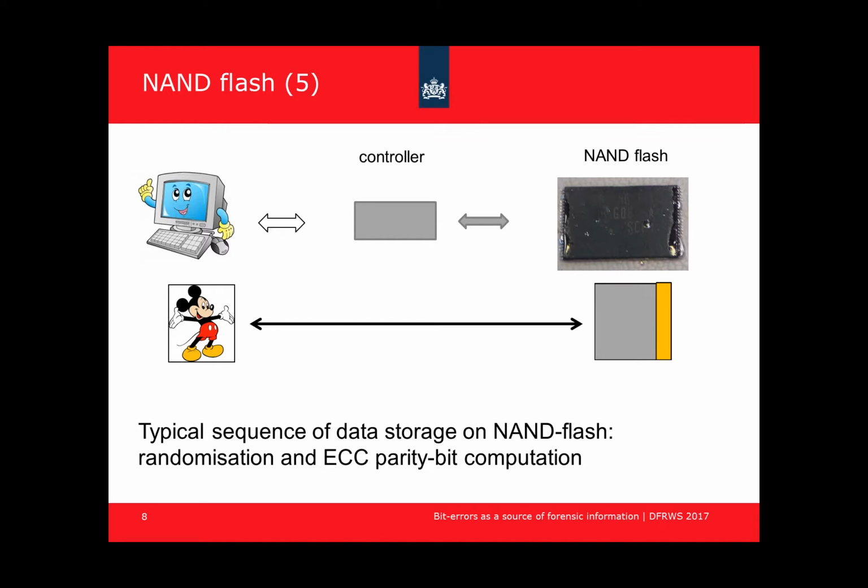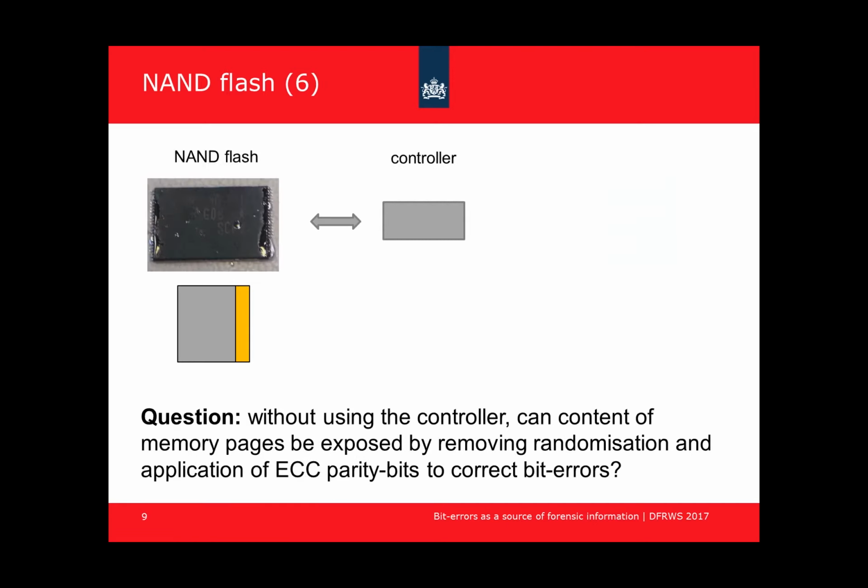Those are the two operations performed by the controller when storing data on the flash. And if it goes the other way, it is the inverse process: the randomization is removed and the ECC information is applied, and then you get the picture back again. Essentially that is what happens when you store data on NAND flash.